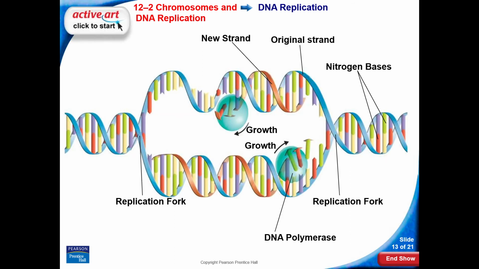So as you can see here, you have a replication fork where it has unzipped itself. New nucleotides are popping in at their appropriate places all along here, and it'll work in both directions. So you have a replication fork on each end of this little opening where the actual replication occurs, called a chromosome puff.